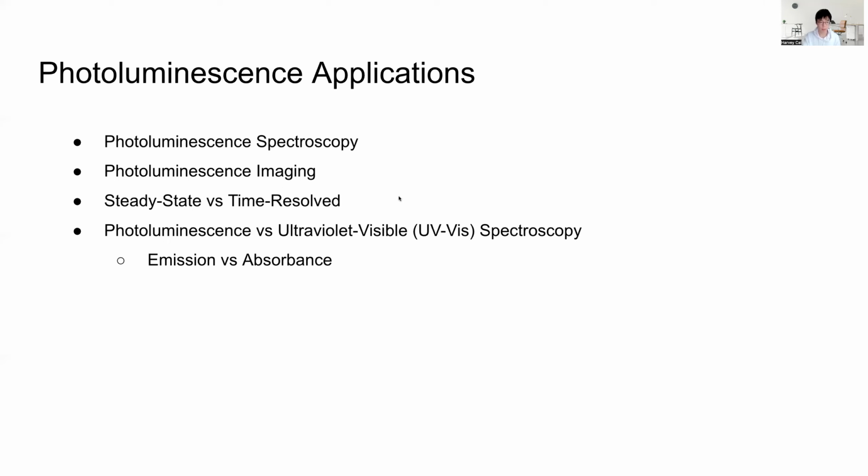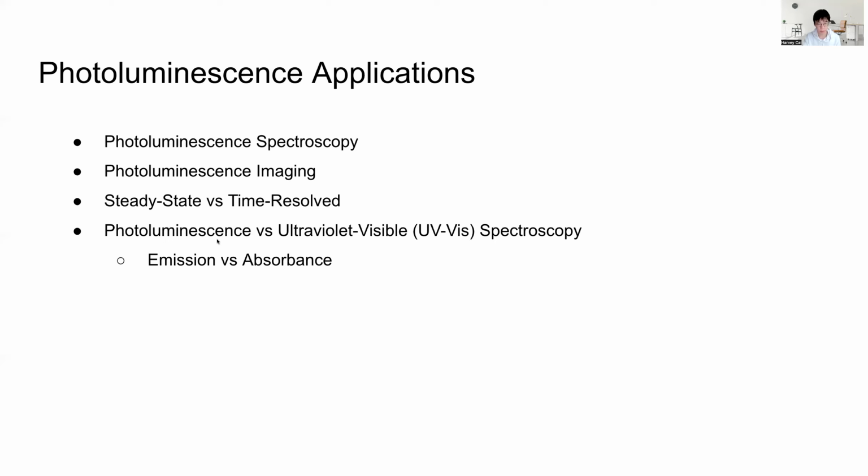And there are different categories of photoluminescence. One of the big categories that divides them is steady state photoluminescence and time resolved photoluminescence. And the difference will be further discussed in Sam's part.